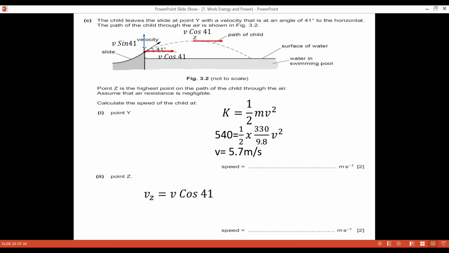So v cos 41 is the value for the velocity at z or horizontal component. Put करें values, and from here we get the answer. So at z the velocity comes out to be 4.3.